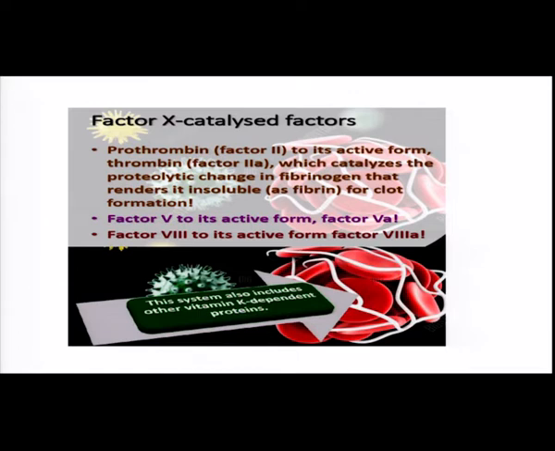So now factor 5 to its active form factor 5a, that's the second step, and factor 8 to its active form, what we call factor 8a. So 5 to 5a, 8 to 8a, and factor 2 becomes activated to give you factor 2a. So you add this a as a subscript to tell you that this particular protein, which was originally a zymogen, is now getting activated.